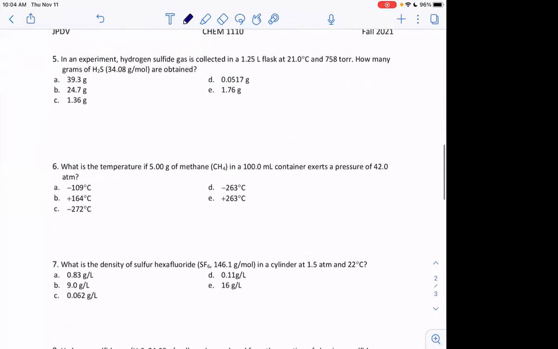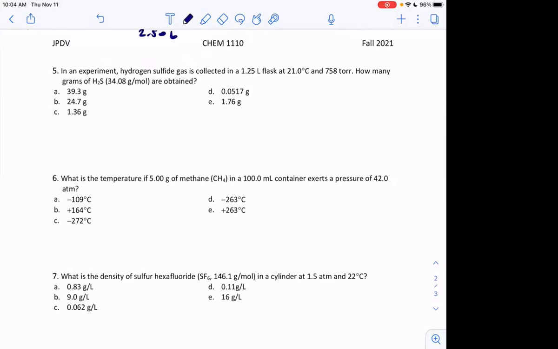In an experiment, hydrogen sulfide gas is collected in a 1.25 liter flask at 21 degrees Celsius, 758 torr. How many grams of H2S are obtained? And we've got the molar mass. What do we do here?